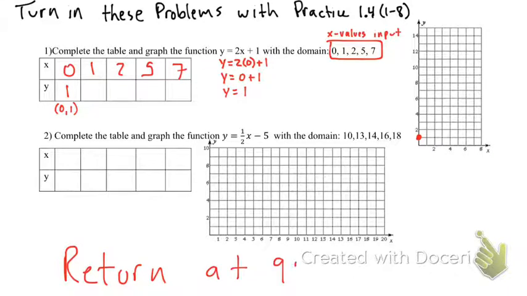Okay, 9:15, and I'll give you your access code to turn in. What's that? These problems here? Yeah, just throw them on a piece of paper. So I'll give you time if you need to write them down.